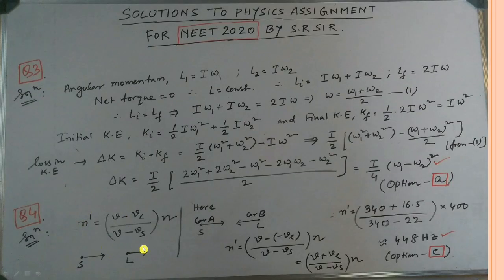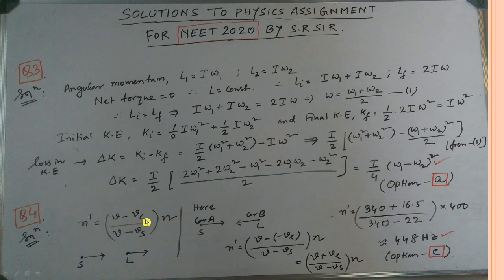This is the standard formula, which comes from the Doppler effect mathematical calculations, where n prime or n dashed is the apparent frequency which the listener hears, and n is the frequency of the source. The source emits the sound of some frequency, this is n, and the listener hears that sound at some apparent frequency, that is n dashed.